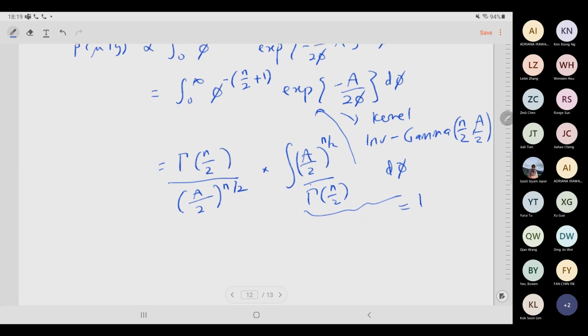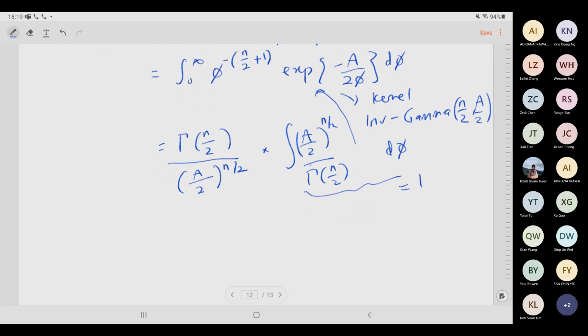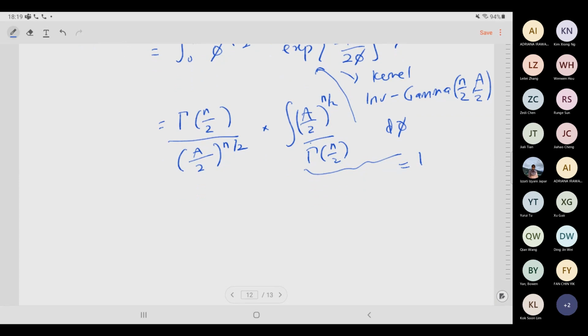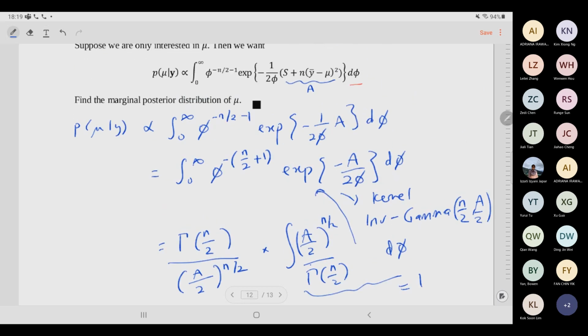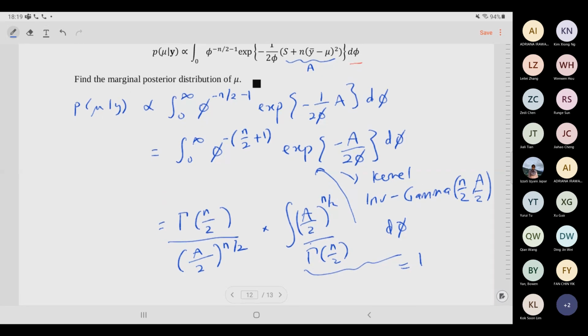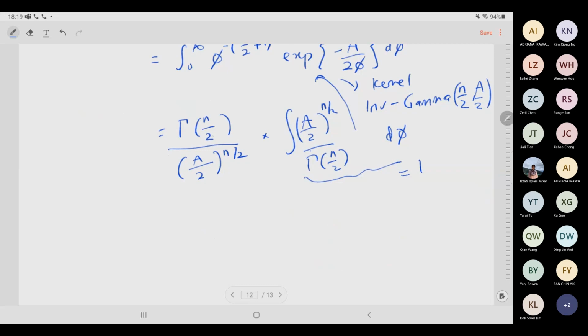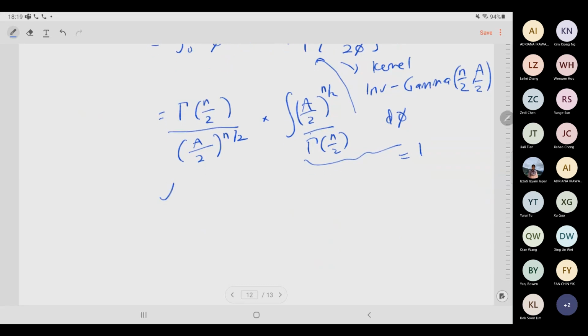Now you can see that the A here comes out again because you have your mu inside it, and n over 2 is a constant, so again this is proportional.